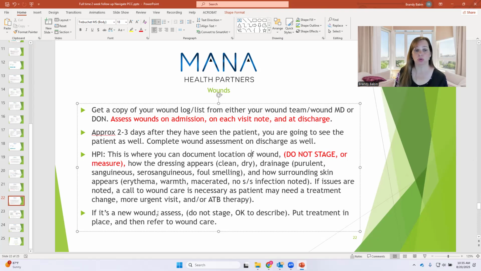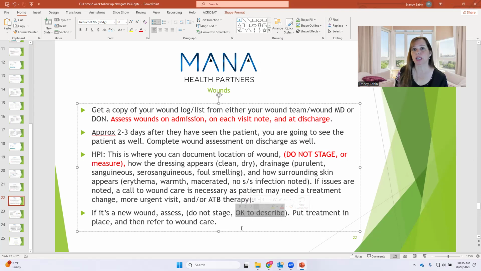If this is a new wound, you're going to assess it. You're not going to stage it. You could say wound of unspecified or a pressure ulcer, unspecified, you can describe it. You can say there's an open wound. It is on the left buttocks. It is draining whatever, serosanguinous, sanguinous, drainage, whatever.